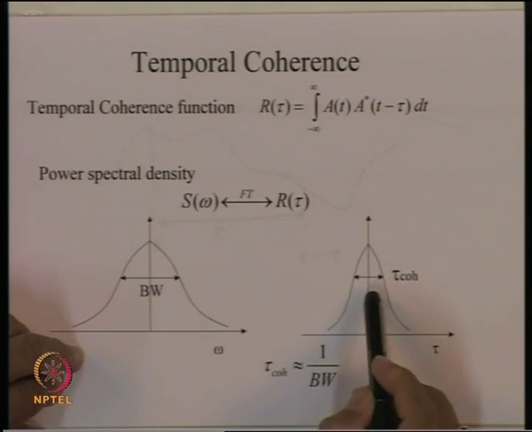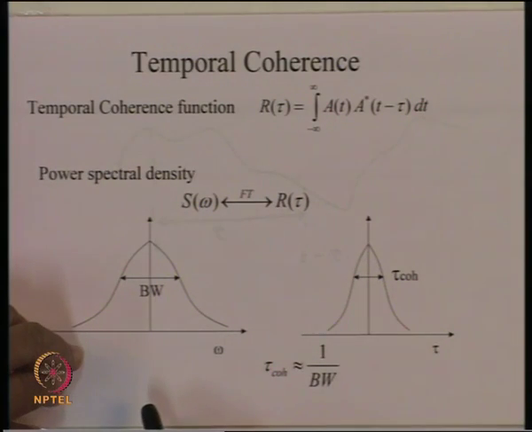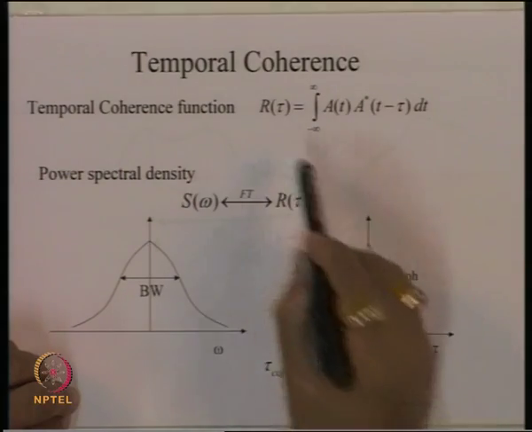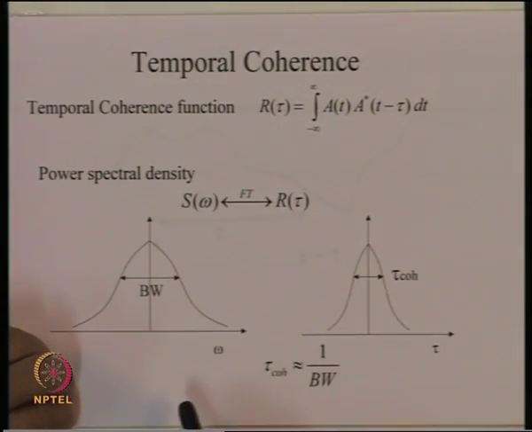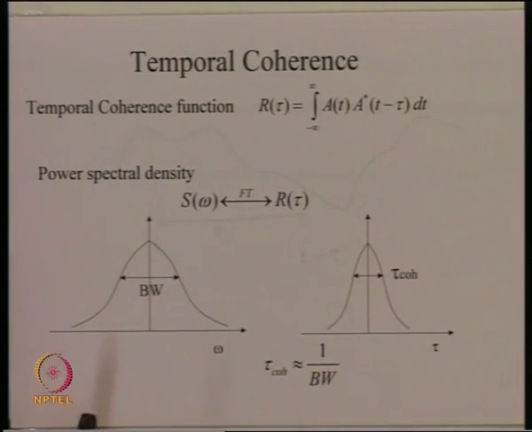That means the 2 points on the wave function become more and more uncorrelated. So, this correlation function typically has a peak at tau equal to 0, and then it drops as tau increases.